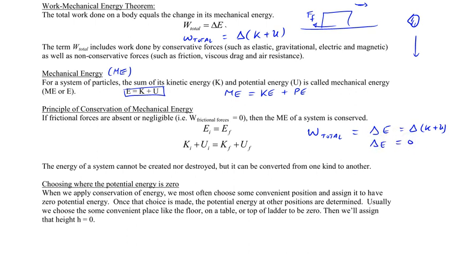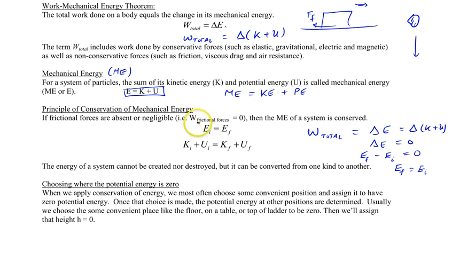And when you're finding the change in energy, it's really just the final energy at some particular point minus the initial energy, which we'll write with E sub i. So that difference in the energies will be equal to 0, which then really means that the energy initially is equal to the energy finally.